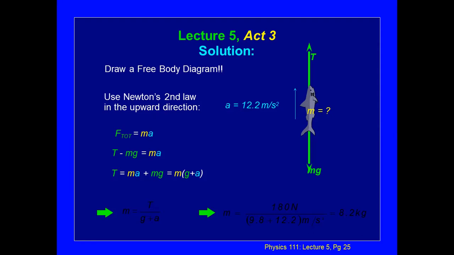Okay? Solving now for the mass gives us tension all over gravity plus acceleration. Plugging in the values, we have 180 newtons all over 9.8 plus 12.2 meters per second squared, which gives us the mass of the fish as 8.2 kilograms. So the fish is light.